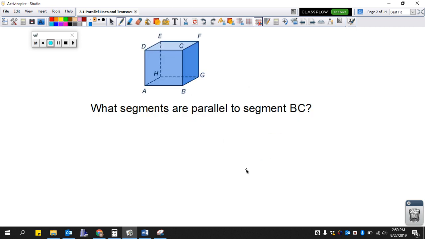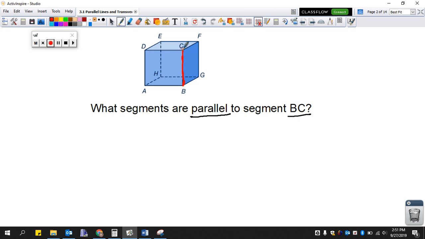All right, so some examples that we're going to look at. We're going to talk about what segments are parallel to segment BC. Well, if we look at that, BC is this edge on this cube. BC is that edge right there.